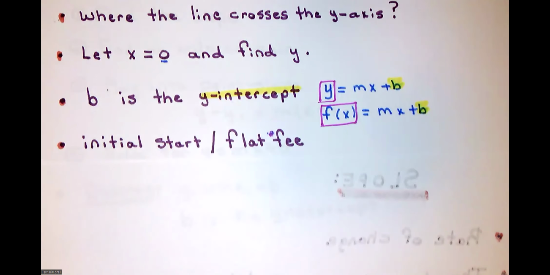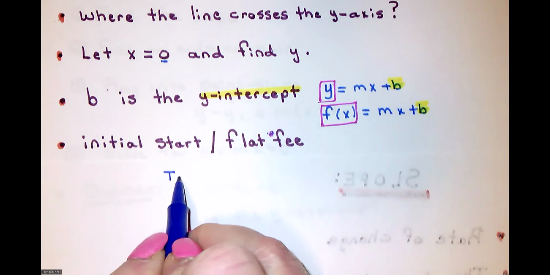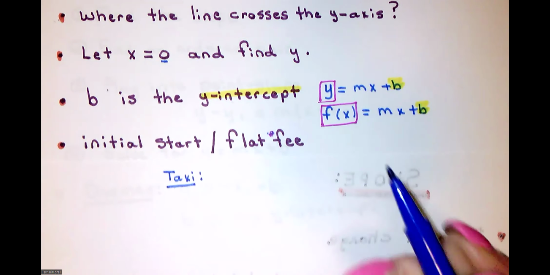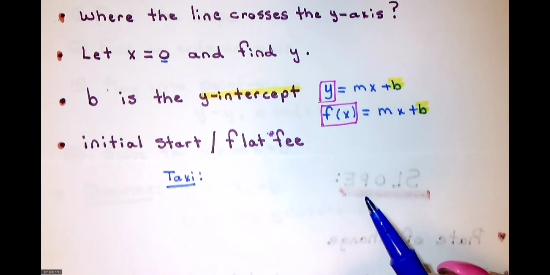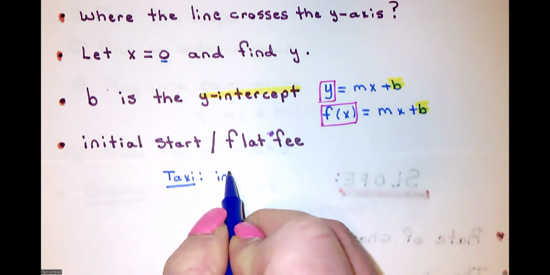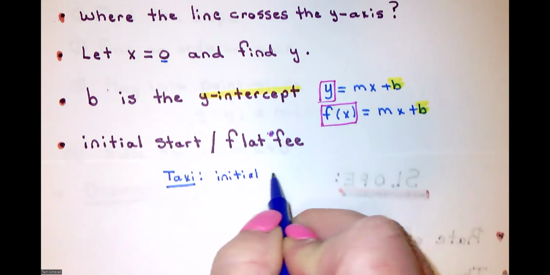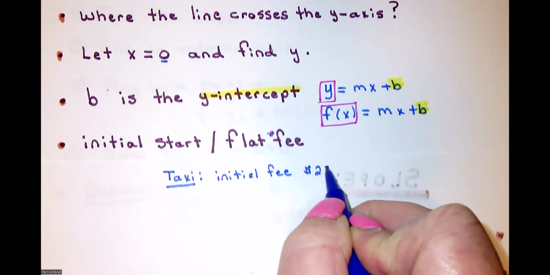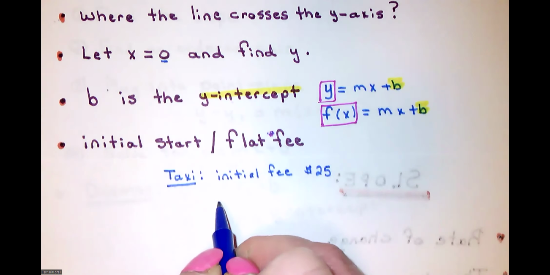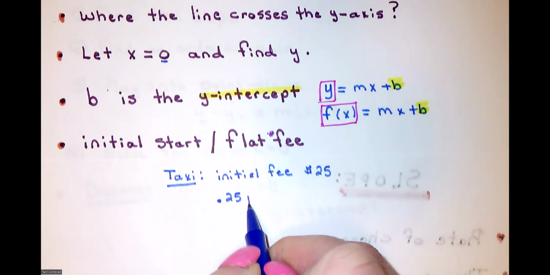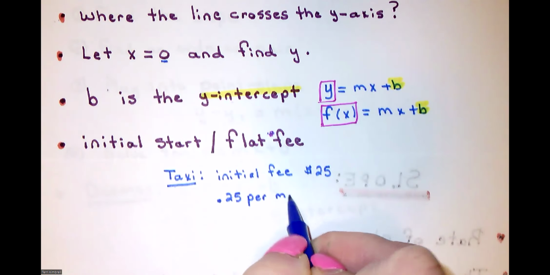So a while ago, when we were talking about the taxi, we'll say that maybe the taxi charged an initial fee of $25, okay? And then they are charging 25 cents per mile.